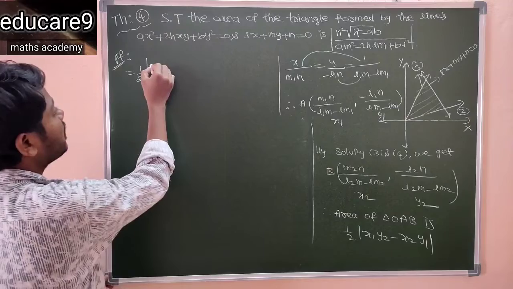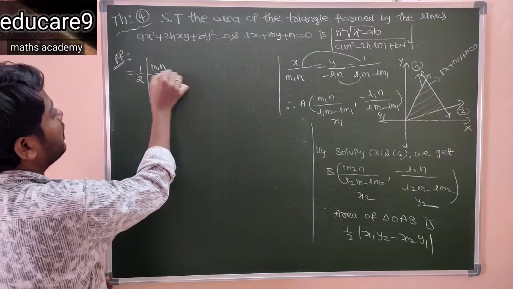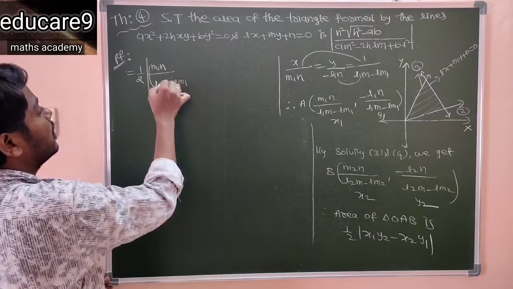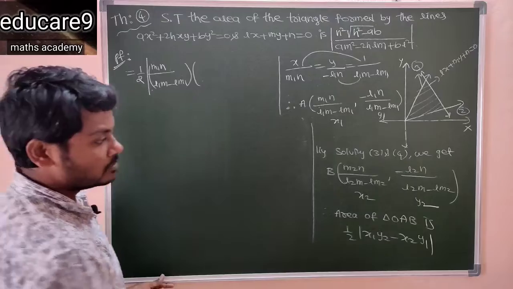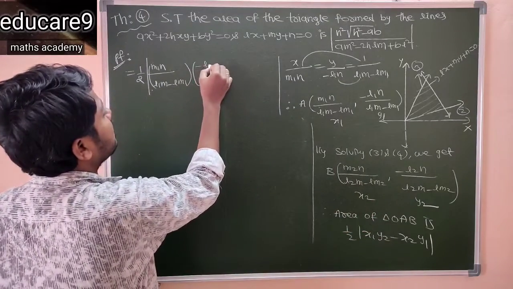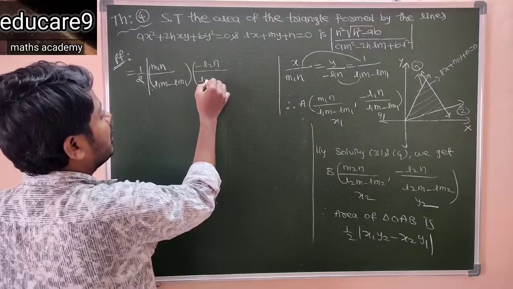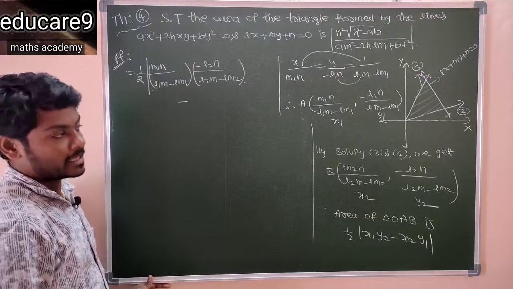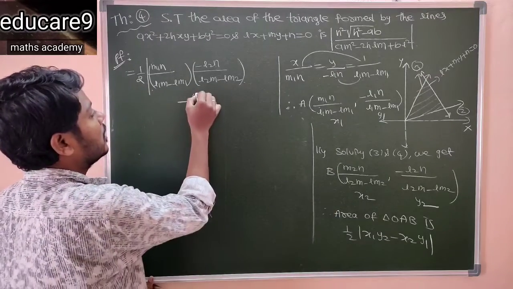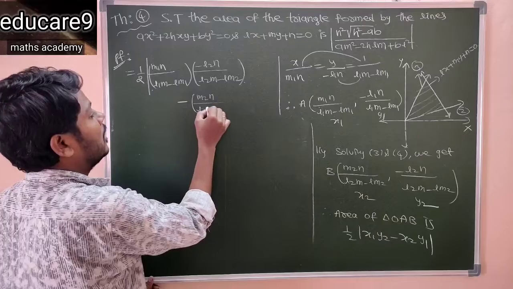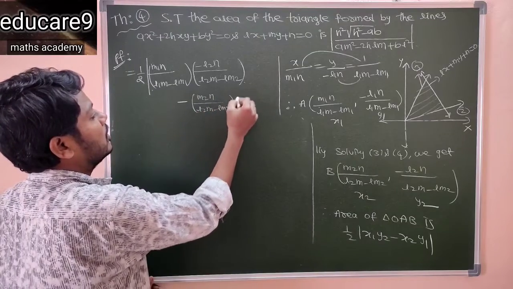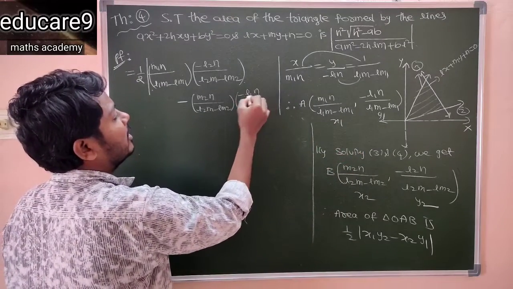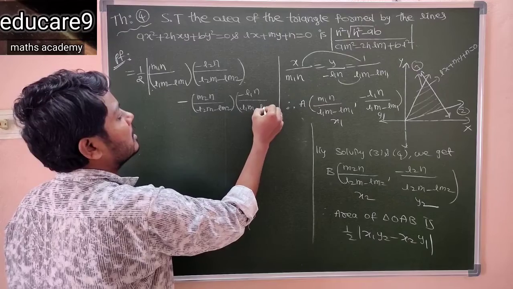This one only now, m1n divided by l1m minus lm1, into y2, this one, minus l2n by l2m minus lm2, minus x2, this one, m2n by l2m minus lm2, into y1, this one, minus l1n by l1m minus lm1.